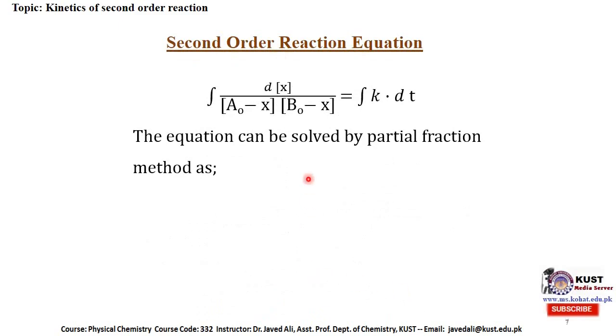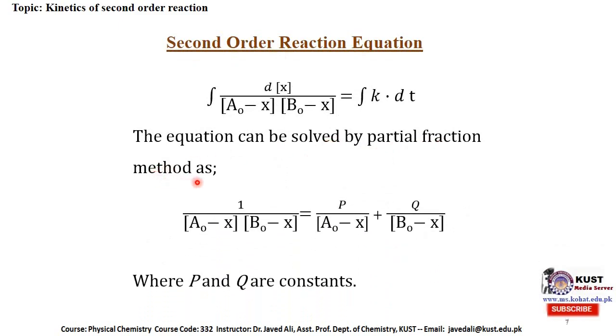The equation can be solved by partial fraction method. We know 1 divided by (a naught minus x)(b naught minus x) is equal to p divided by (a naught minus x) plus q divided by (b naught minus x), where p and q are constants.